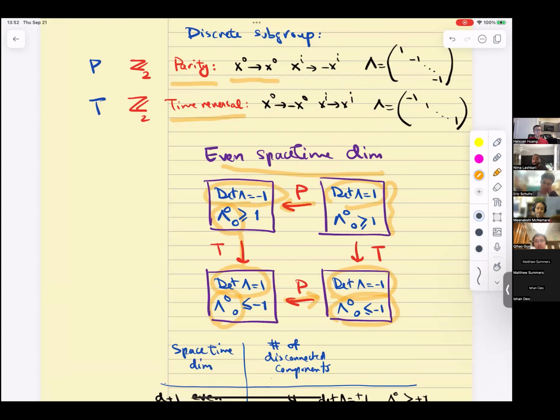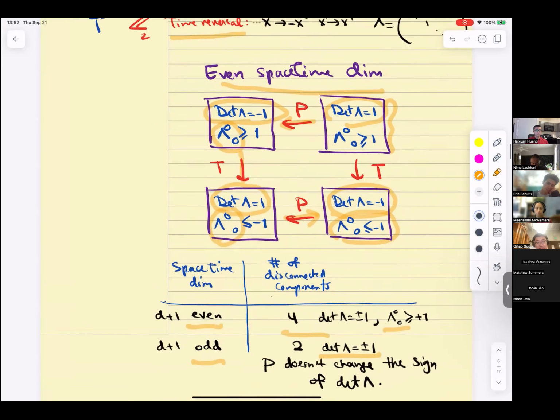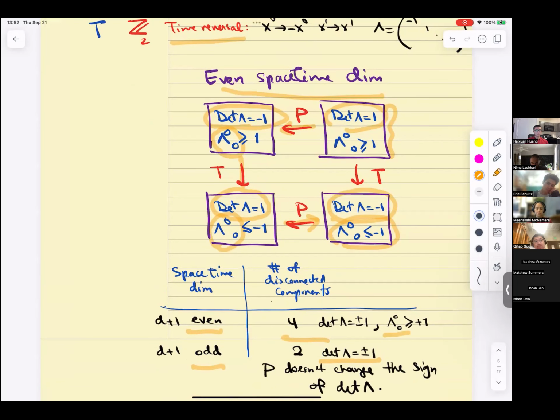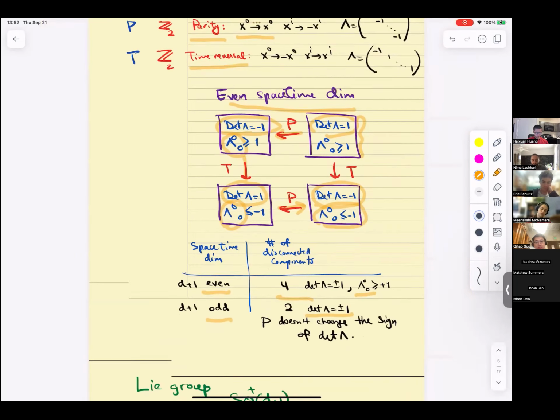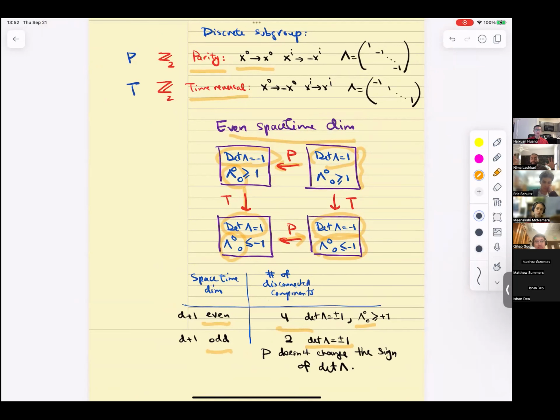If you apply parity transformation in odd space-time dimensions, the sign doesn't change, because in odd space-time dimensions you have an even number of space dimensions. As you multiply by minus sign, nothing changes. Good. Any questions about this? So this is where we're just discussing the global part of the story. Now we're going to come back to the local part in a second.